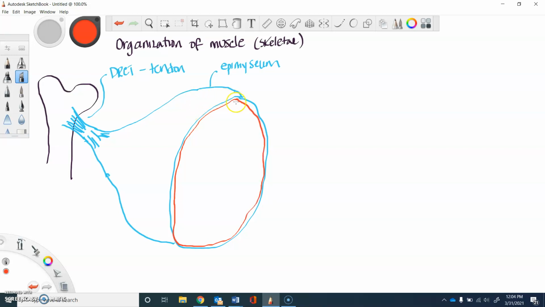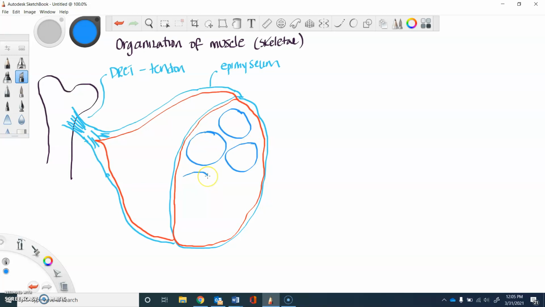And the fibers run with those fibers of the connective tissue there, right? Those muscle fibers in there, the muscle is just a bunch of muscle cells grouped together. So inside this big muscle, we have groups of muscle cells.